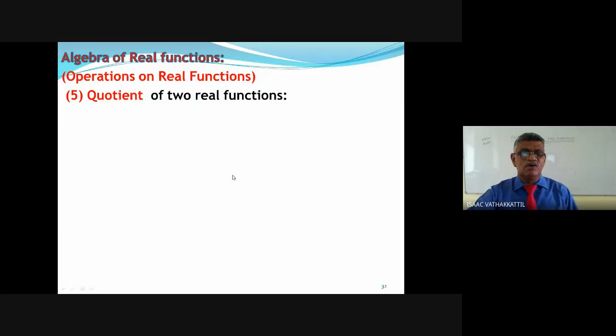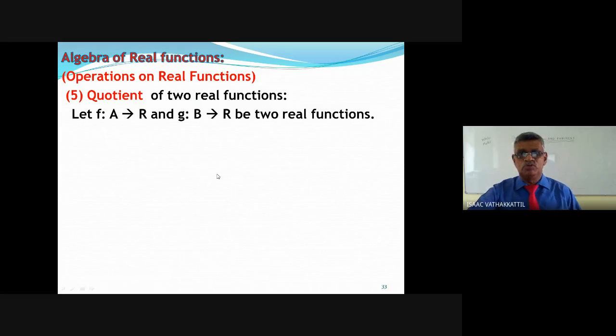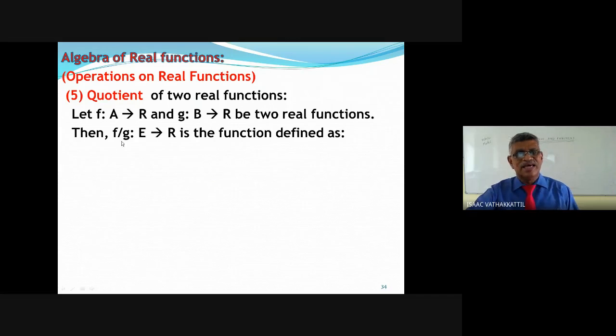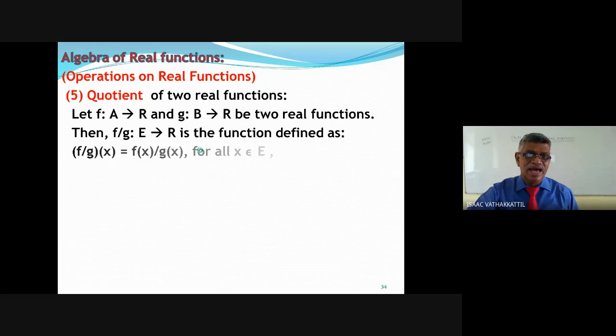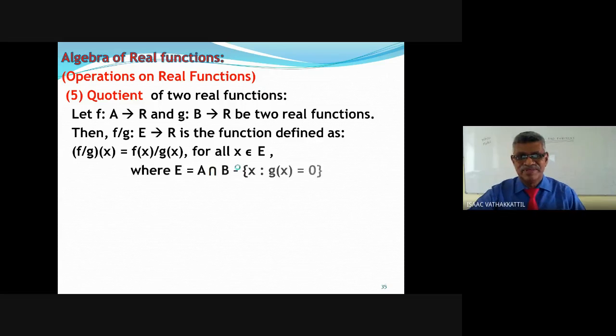Quotient. Be careful now, we are going for the quotient of two functions. f from A to R, g from B to R be two real functions. Then f by g is a function from E to R, defined as (f by g)(x) equal to f(x) by g(x) for all x in E. Here E is not necessarily A intersection B. From A intersection B, I have to remove those x where g(x) equal to 0, known as the zeros of g.